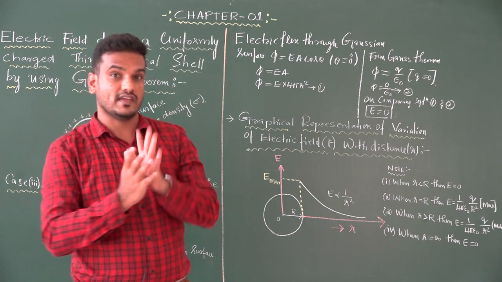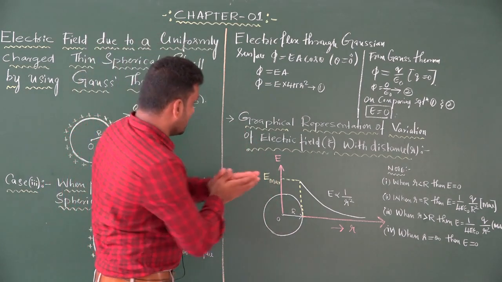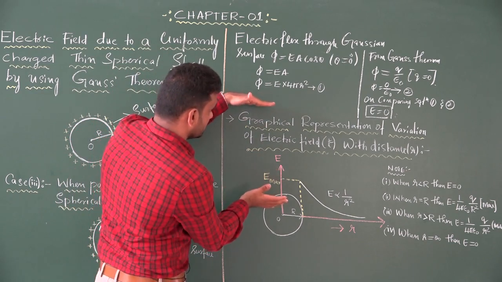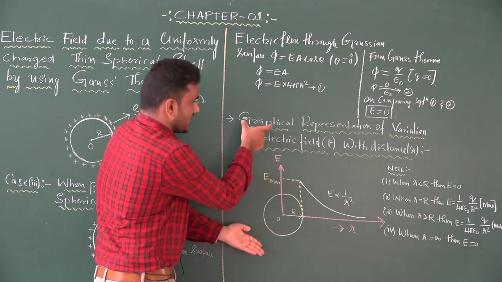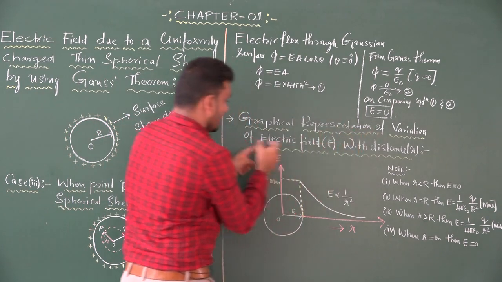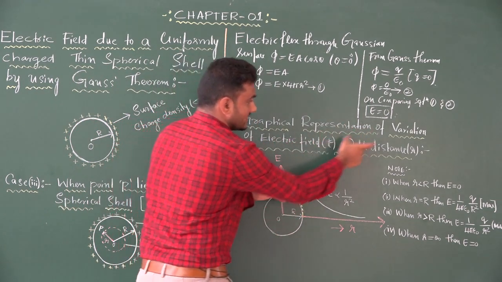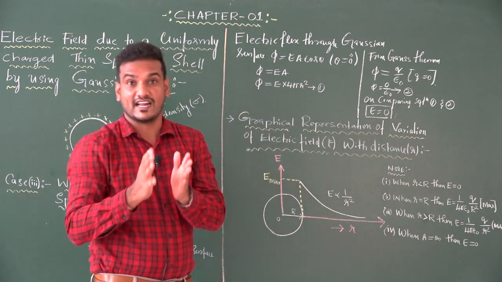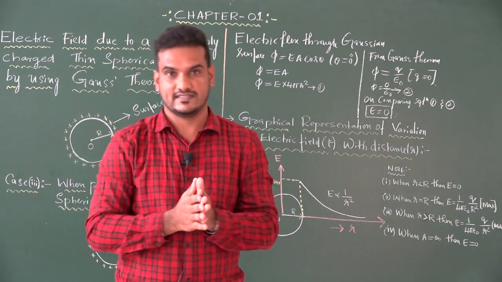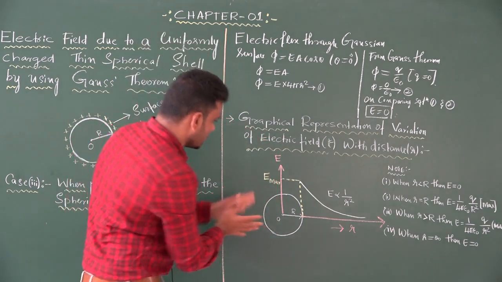All the 3 cases I am going to represent through this graph, the graphical representation of variation of electric field with distance. How does the electric field vary with the distance? Look at this graph.